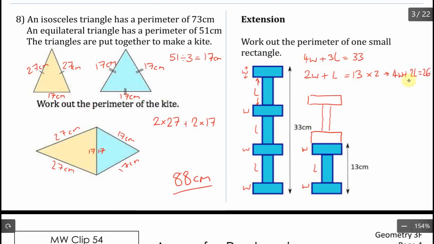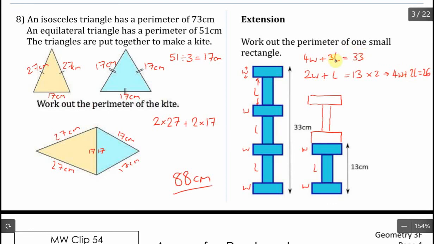And you can see now the only difference between this first equation and this doubled equation, they both have 4 widths, but this has 3 lengths and this only has 2 lengths. So that's the only difference. I've got an extra length on this one, okay, and it adds together to make 33.